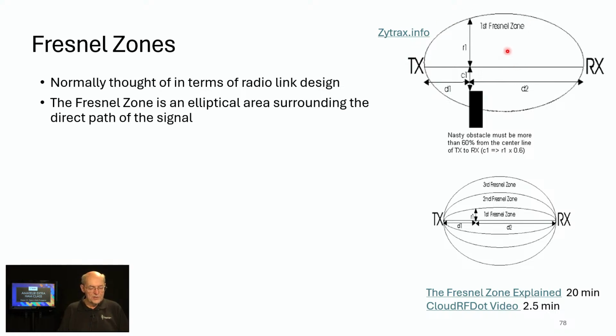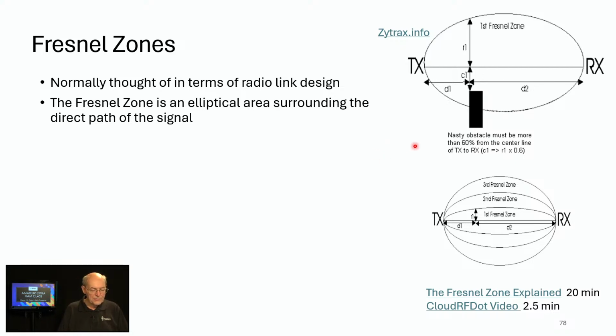And in the first Fresnel zone, anything that makes its way into the zone is going to introduce reflections that will be destructive to the signal received over here. So the trick in designing paths is that you have to, first of all, know what that Fresnel zone is, how big it is, and the distances and the frequencies, and try to make sure you design the path so that nothing gets into that zone.